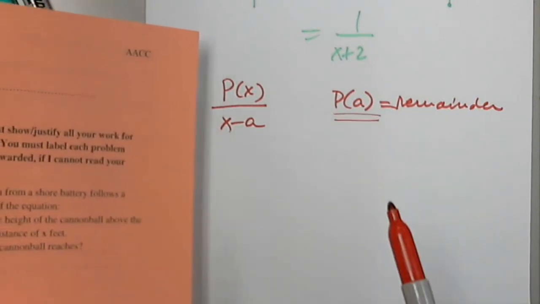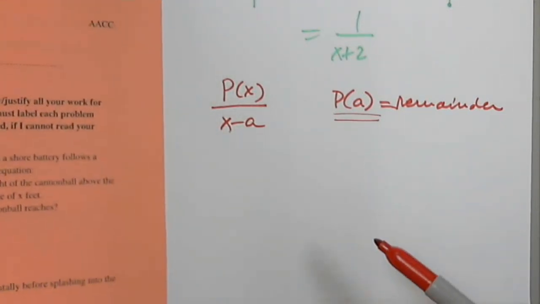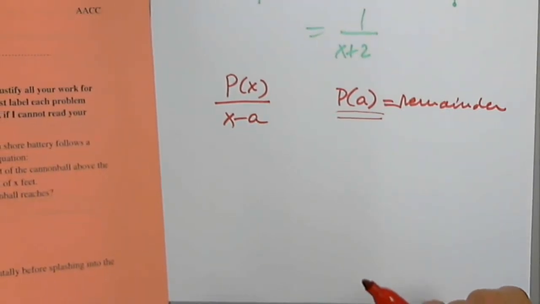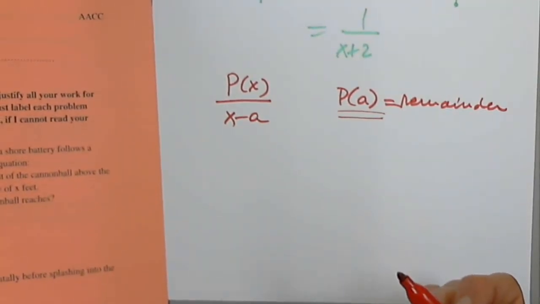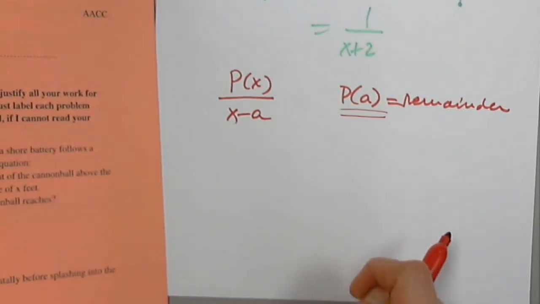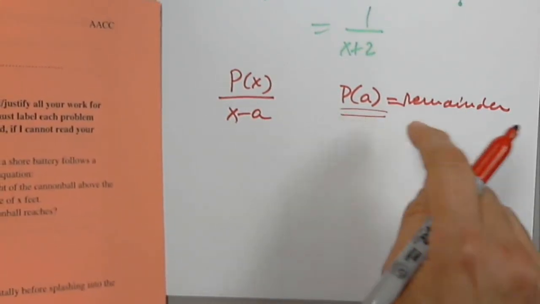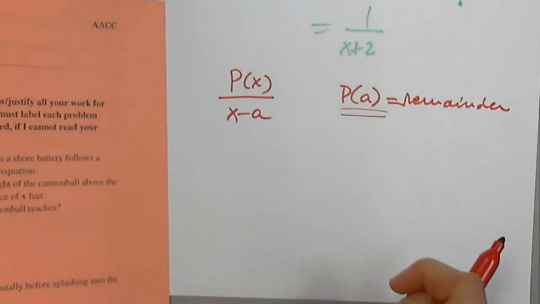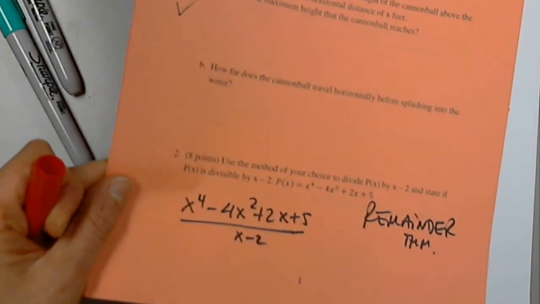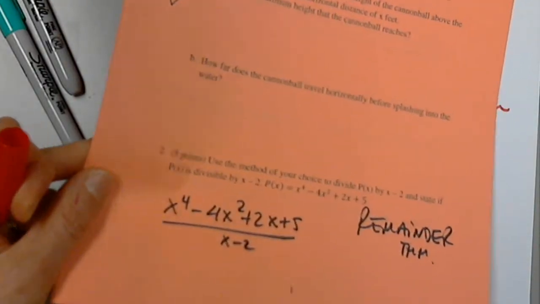So I want to find this. If the remainder is 0, I will say x minus 2 is a factor of the top. If I get the remainder P of a to be 15, what will I say? Is x minus 2 a factor of the top or not? It's not. Good. So please tell me what to write.